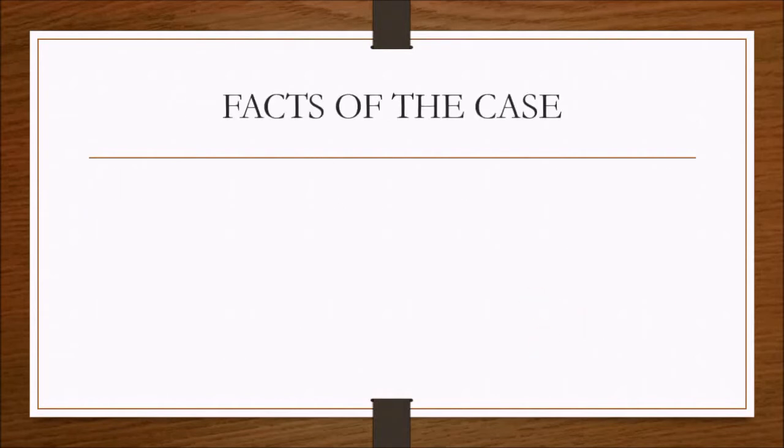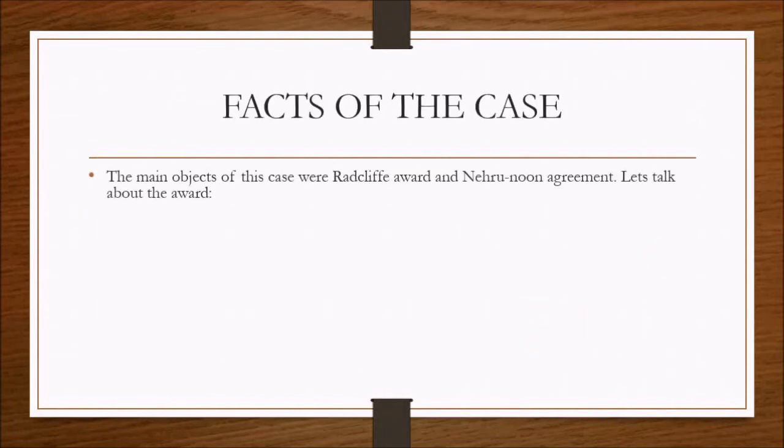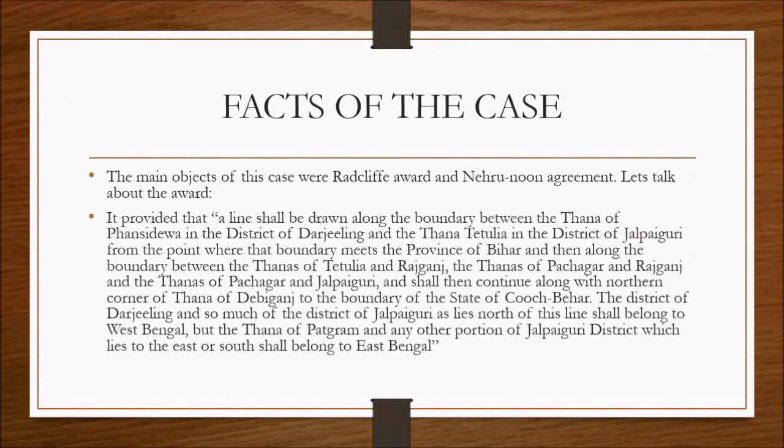Let's go to the facts of the case. The main objects of this case law were the Redcliffe Award and the Nehru Agreement. And the award is the Redcliffe Award. I can explain this with the help of a map.